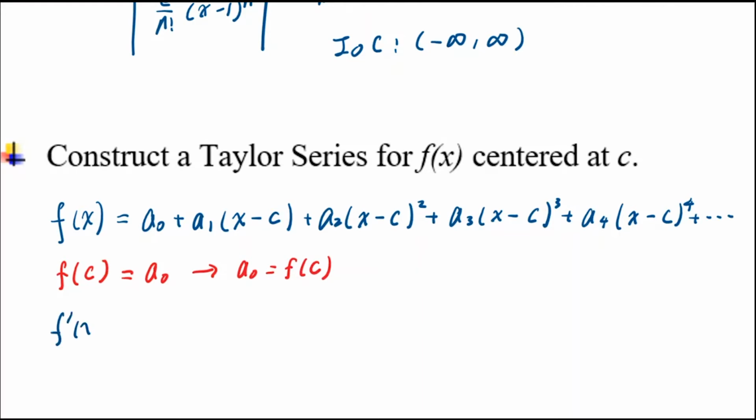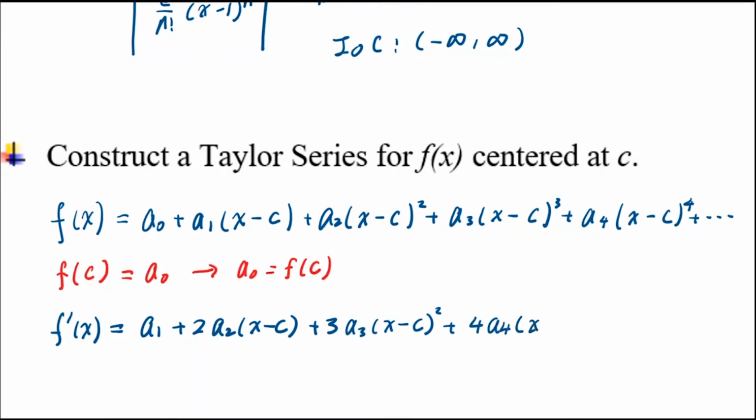We take a derivative. So first term dies, so you have A1 plus 2A2 x minus c plus 3A3 x minus c squared plus 4A4 x minus c cubed plus dot dot dot. Good.